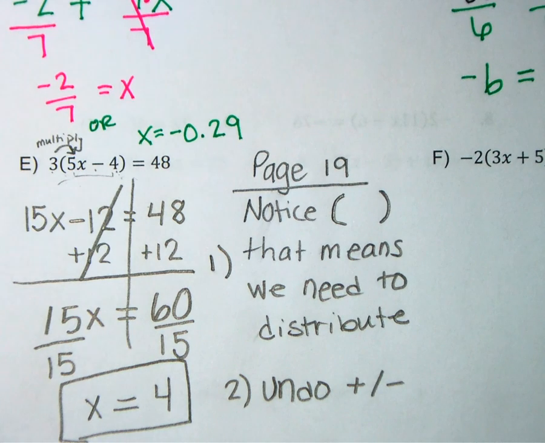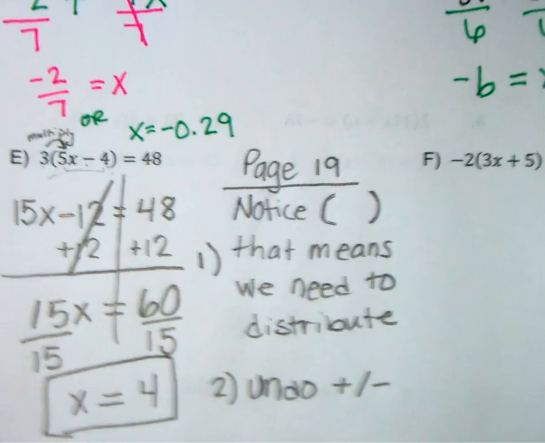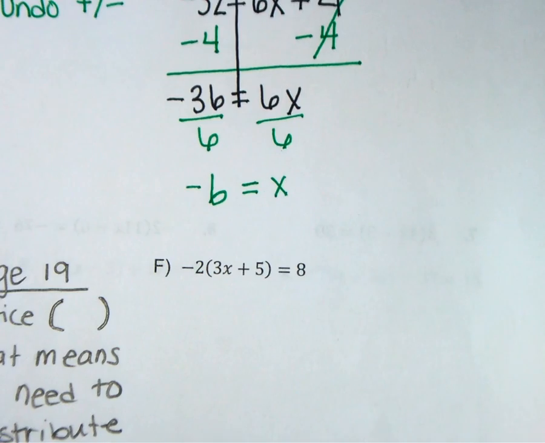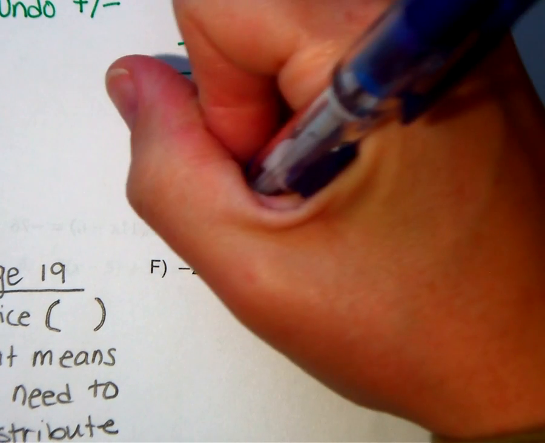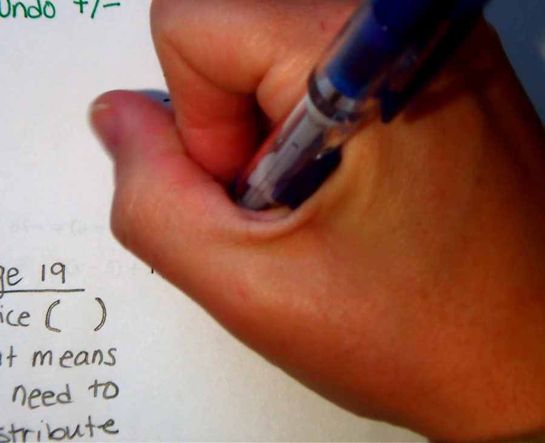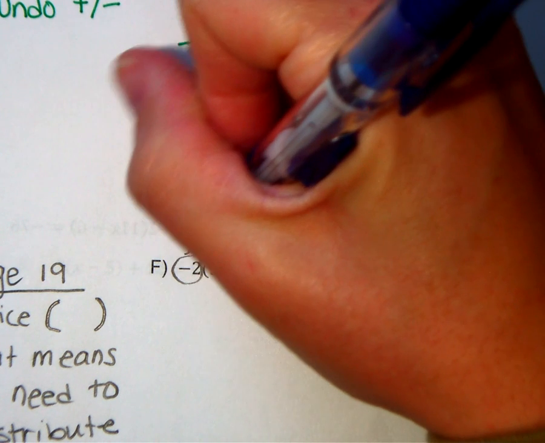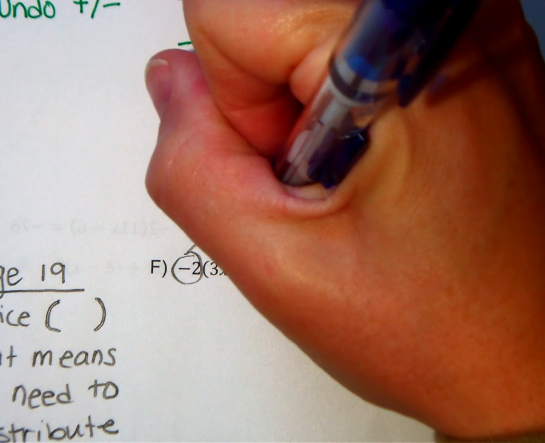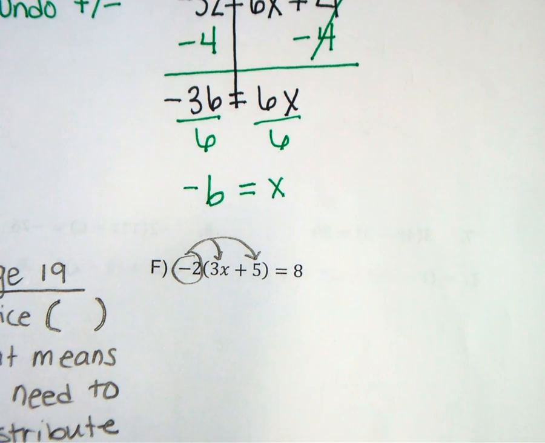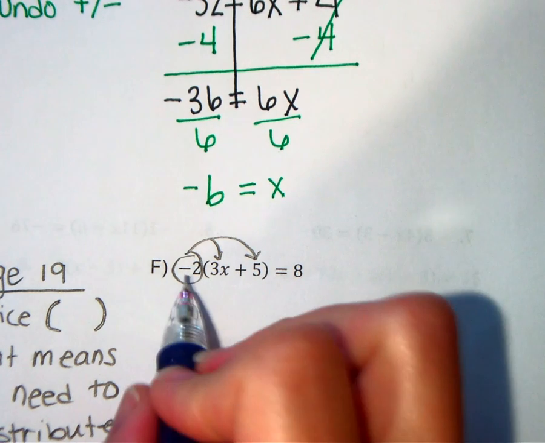Okay, we're going to do one more with a negative sign, just so we can remember to keep our negative numbers, but then we're going to go ahead and just practice. Okay, so again, we see the parentheses. Anytime you see those parentheses, that means to multiply. So we're going to take this number on the outside, and we're going to multiply it times both numbers in the parenthesis.